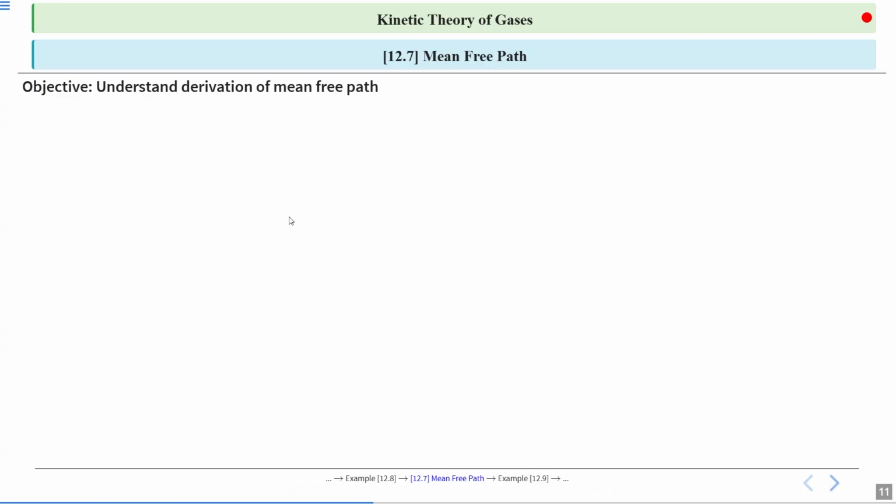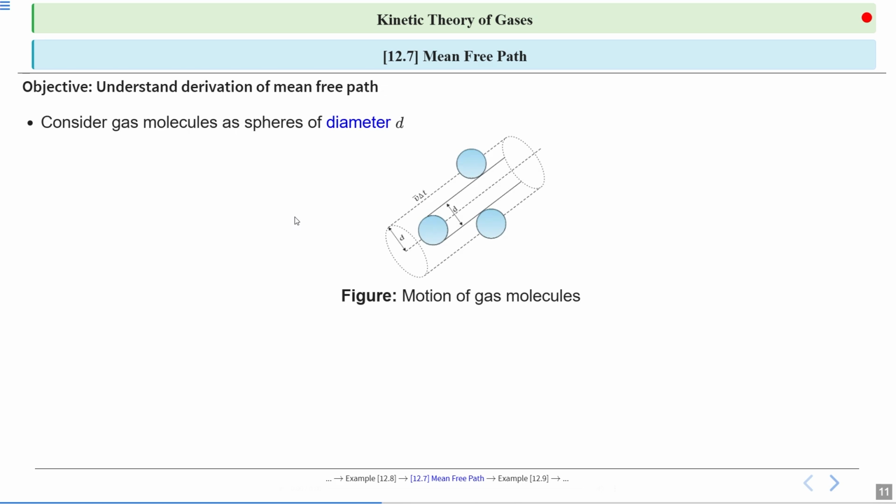Understand the derivation of mean free path. So consider gas molecules as spheres of diameter d. Look at the figure, which illustrates the motion of gas molecules. They move and interact within the space.